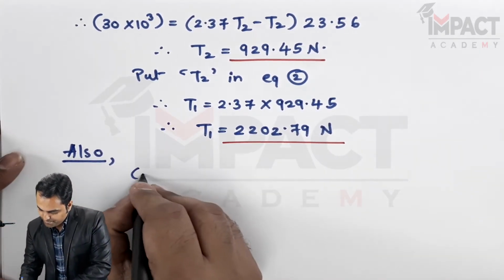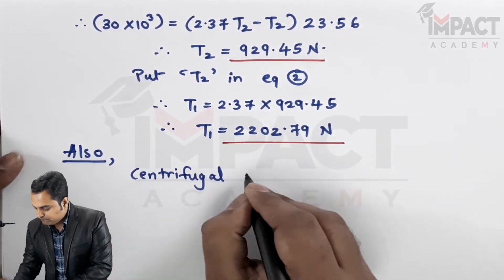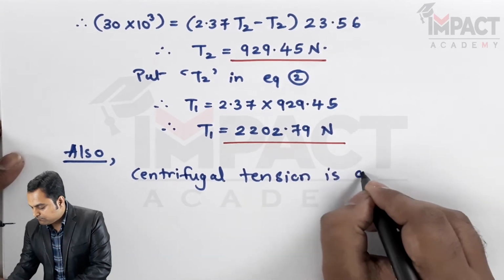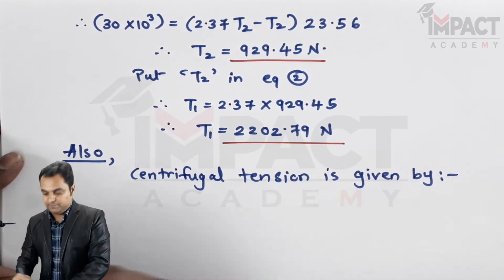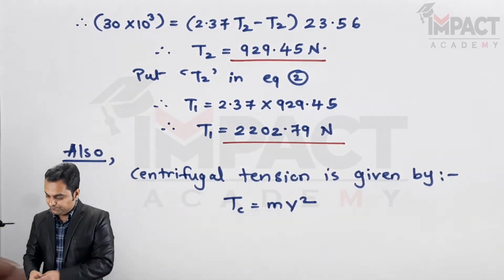Also, the centrifugal tension is given by m v square.